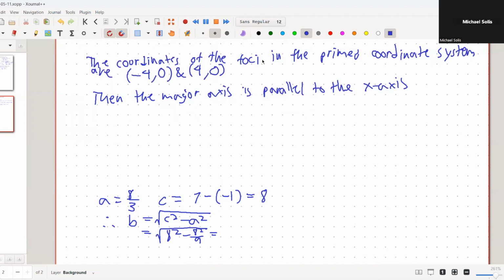So the length of the major axis is, how is that related to... Because the question says the length of the transverse axis is 8/3. So what is the transverse axis?